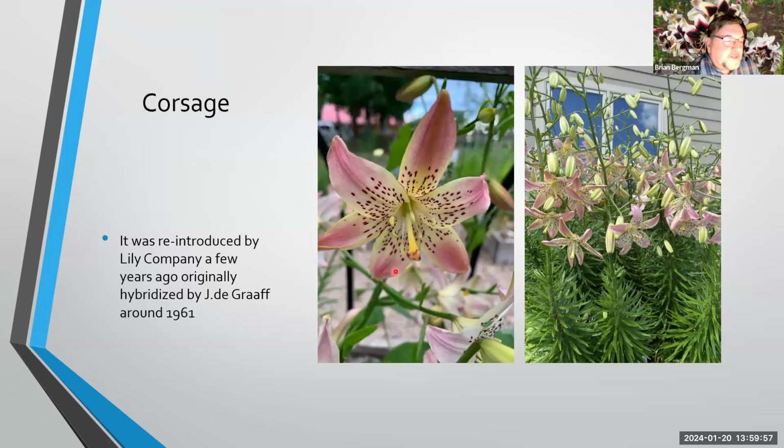This was introduced by Jan de Graaf around 1961. Can you imagine? And it's still going. We have to thank the Lily Company for cleaning it up and reintroducing it, because I remember seeing it in the late 1990s as a tiny little plant with tiny little flowers.